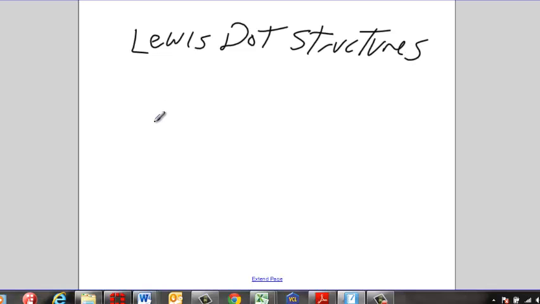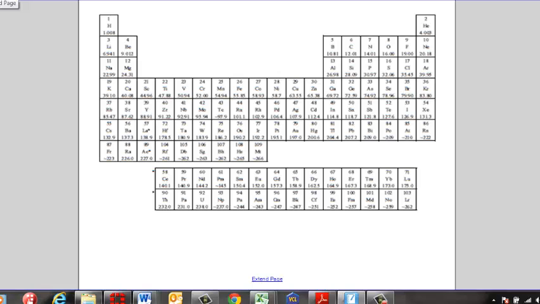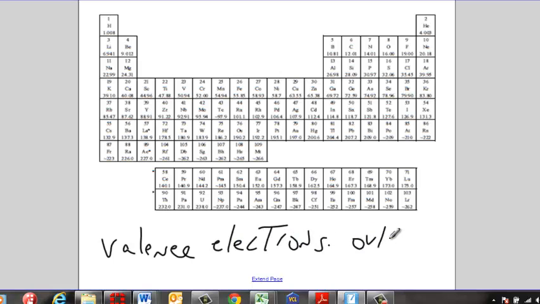So we're going to talk about covalent bonding here, strictly. Let's think about a periodic table. When we're talking about bonding, we are only talking about valence electrons. Valence electrons are the outermost S and P electrons.